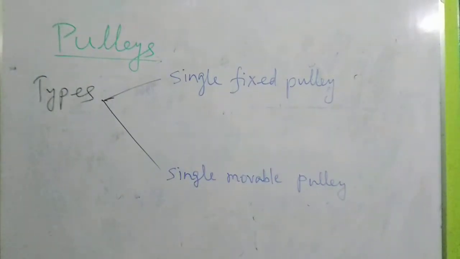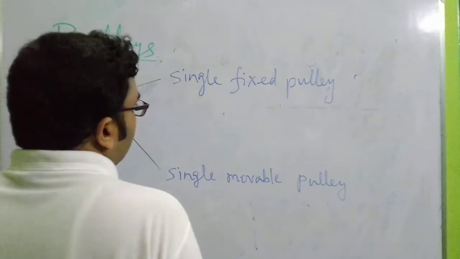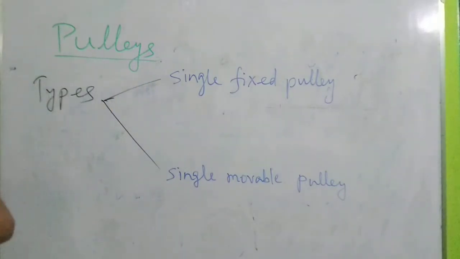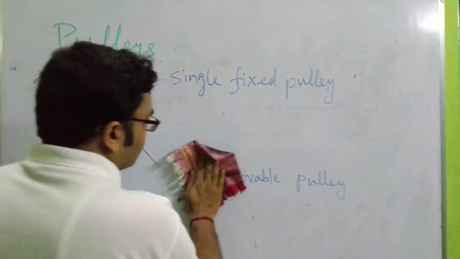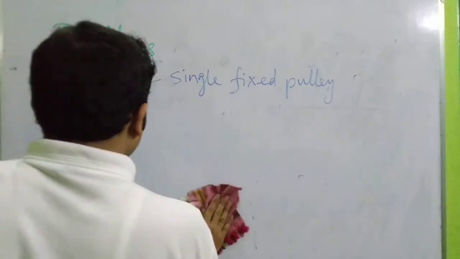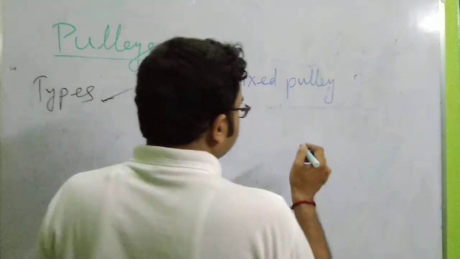the frame is rigidly attached to the support. So if I draw the diagram, it will be somewhat like this. First of all, let us discuss the single fixed pulley and consider its structure. I am drawing a schematic structure so that it will help you understand the concept in a better way.